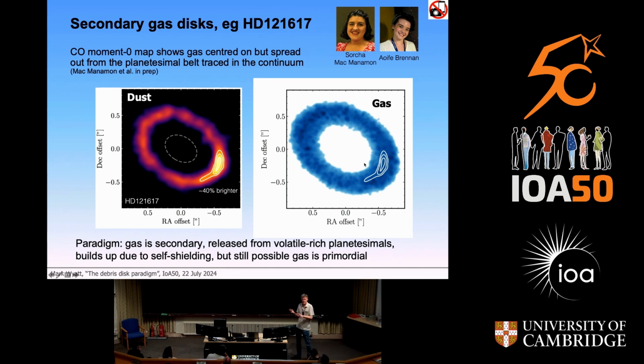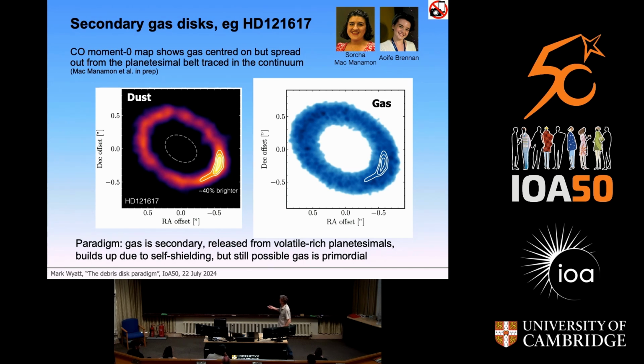This fits neatly within the paradigm as long as the planetesimals are made up of volatile ices, so that when they collide, they release those volatiles into a gas disk that then viscously spreads and ultimately photodissociates and accretes onto the star. So you can explain these observations very nicely within that, but we're keeping an open mind because there's still a niggling doubt in the back of everyone's minds about whether some of this gas could be primordial, and in fact there's a lot of hydrogen around.